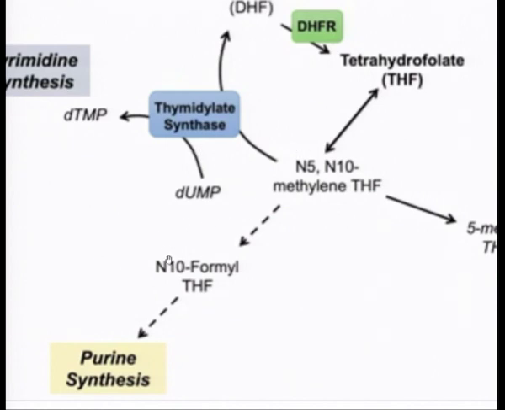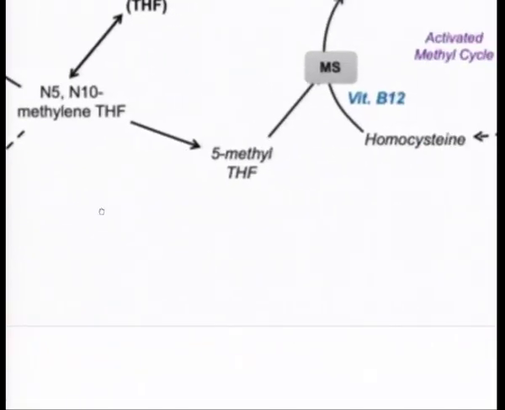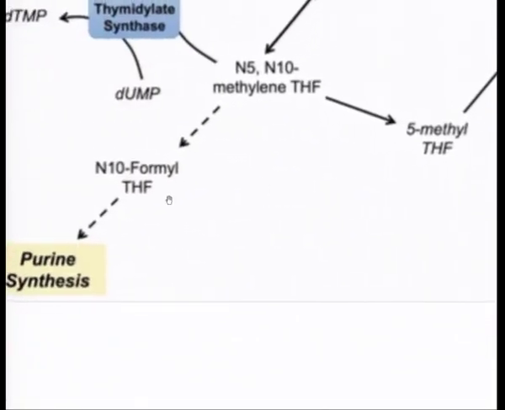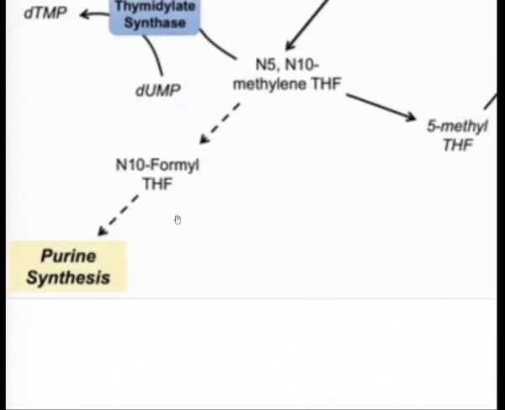So you see there dUMP is getting converted to dTMP. So this reaction is essential to carry out the function, and here again we have N10-formyl tetrahydrofolic acid, which eventually contributes in purine synthesis.